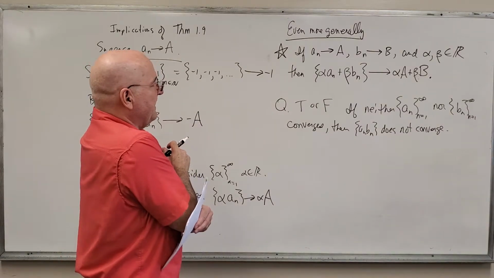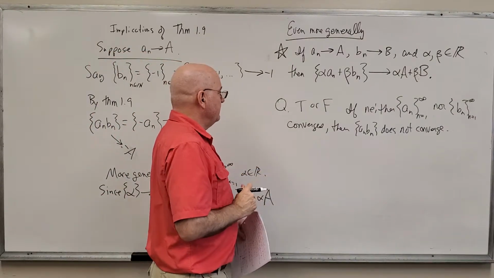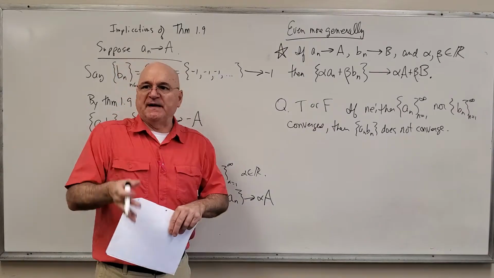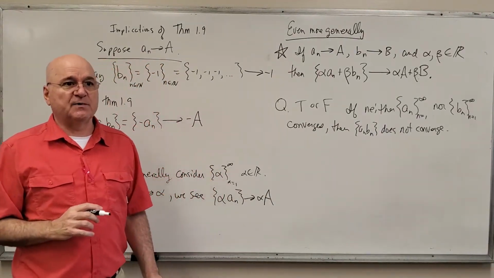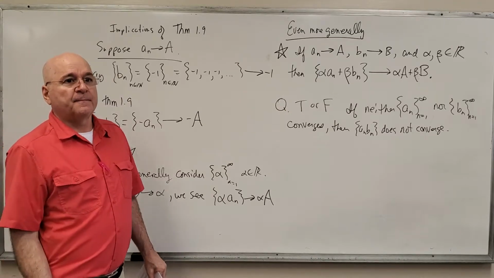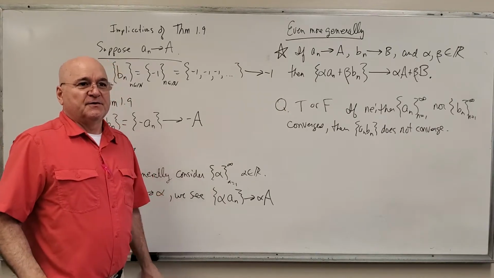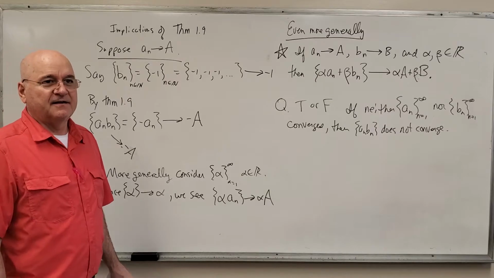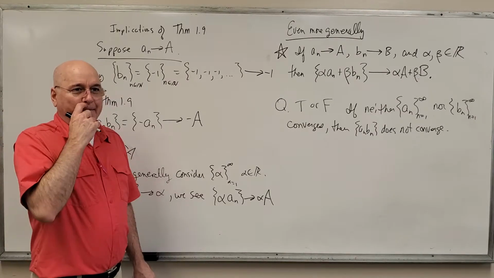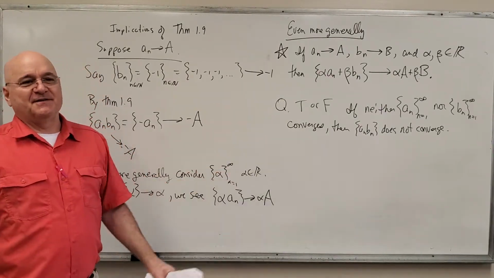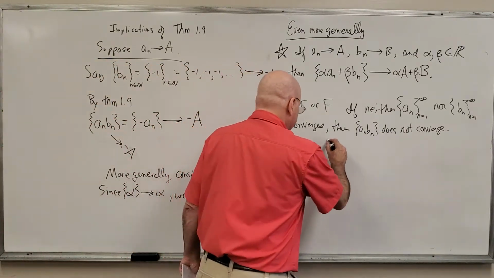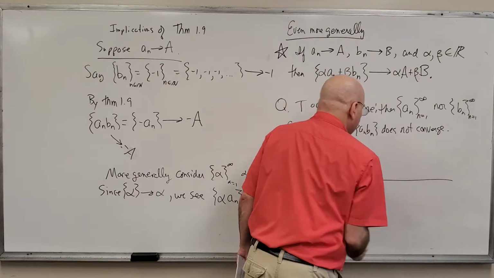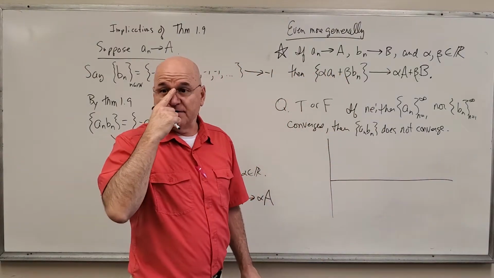If neither an nor bn converges, then when you multiply the corresponding terms, it's impossible for that sequence to converge as well. Did you say? I think it's false, but I'm looking for a counterexample. They're really easy to come up with counterexamples. I'm just going to draw the picture of one. I'll draw these sequences like a function.